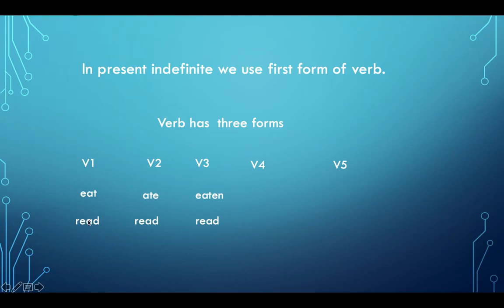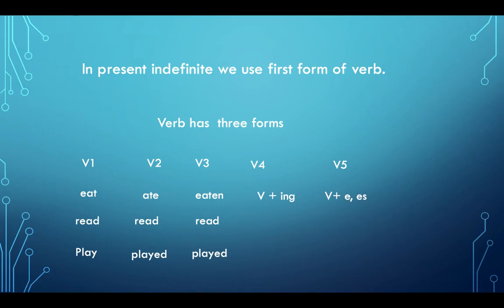In the first form we say read, past read, and then read. Play, played, played. Now let's see what verb fourth form is. We use fourth form of verb by adding ing to the verb, and this V plus ing forms the continuing part of tense.